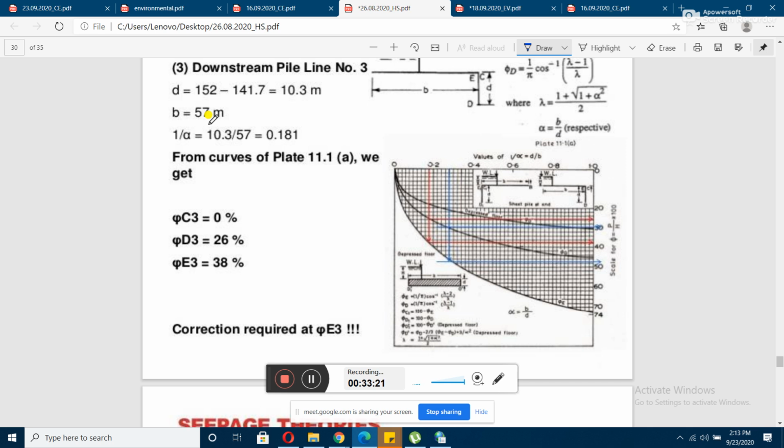So it turns out to be 0.181. So you can draw from the plate A curve, you can easily do the same procedure as you did for the upstream pile. You can draw a perpendicular like this to the two curves, and from that you will be able to get the value of phi d and phi e.